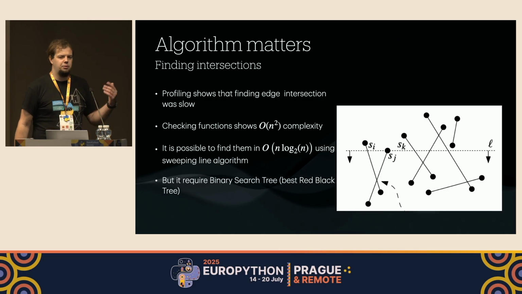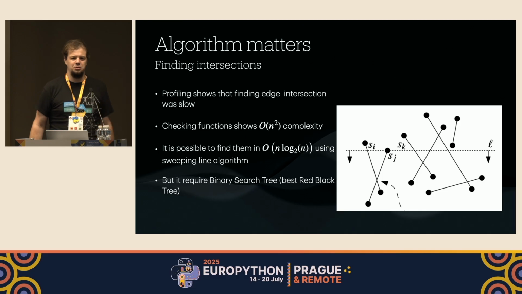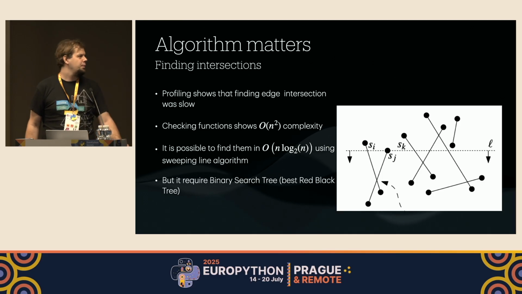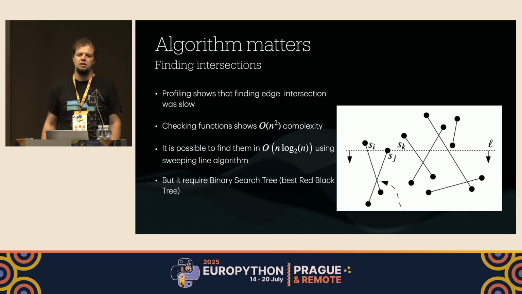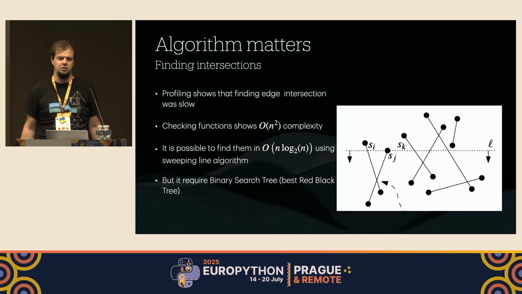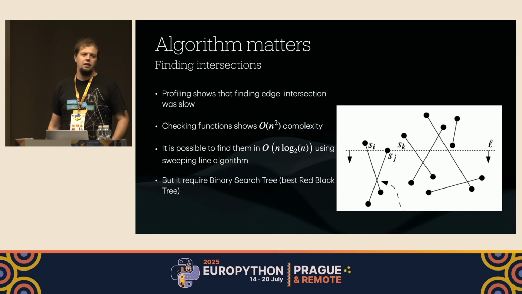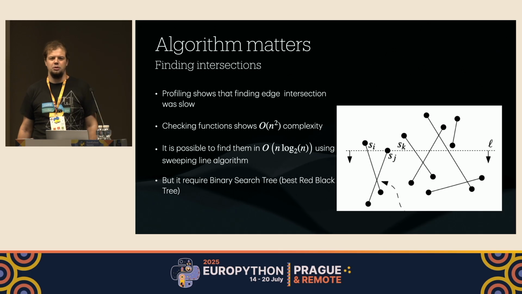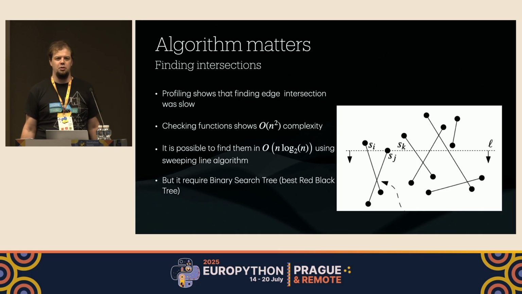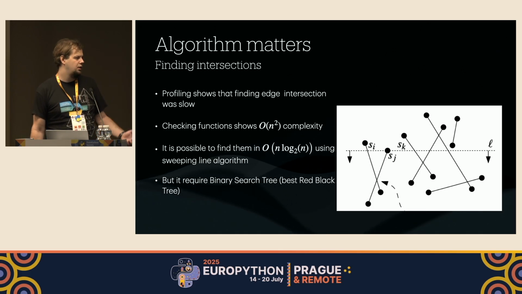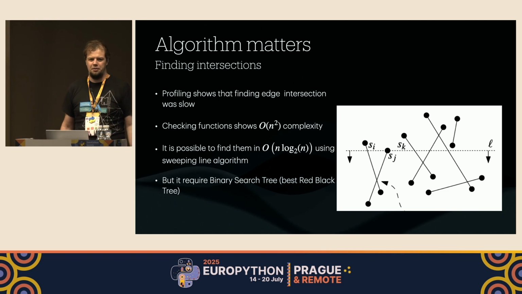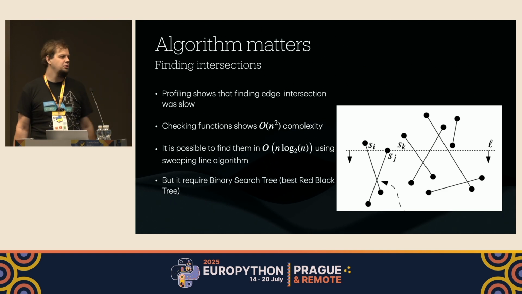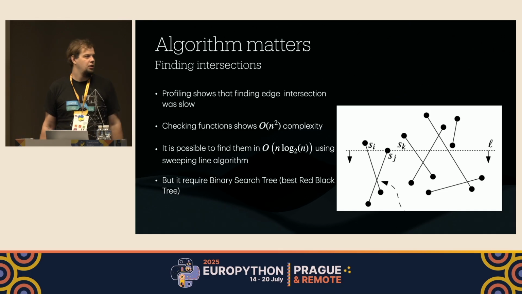Okay, so our first case, which is the biggest slowdown we expect, is this problem. We have polygons, but we don't have a guarantee that the edges will be without self-intersection. The initial algorithm had quadratic complexity, but it's vectorized using NumPy. There is a faster algorithm, which is n log n.